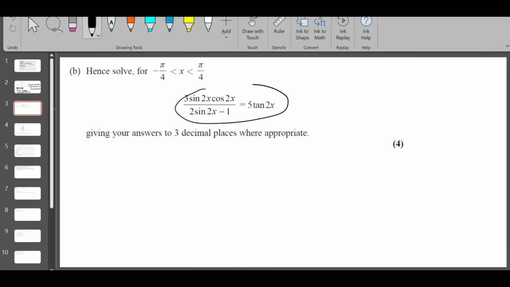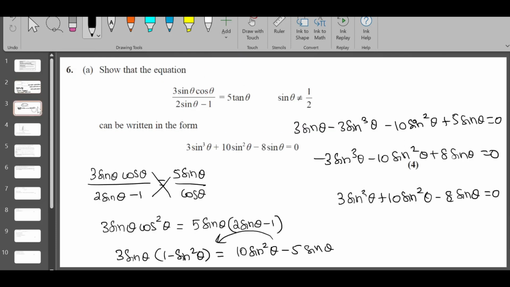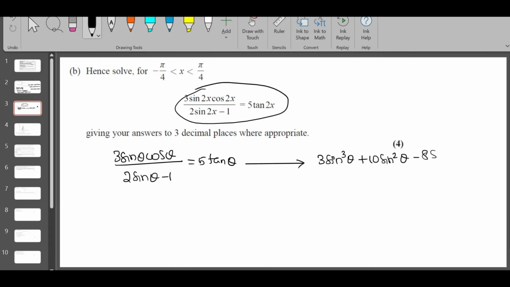Solve this equation. In part A, we took this equation, 3 sine theta cos theta over 2 sine theta minus 1 is equal to 5 tan theta, and we rewrote it in terms of sine theta as 3 sine cubed theta plus 10 sine squared theta minus 8 sine theta is 0.